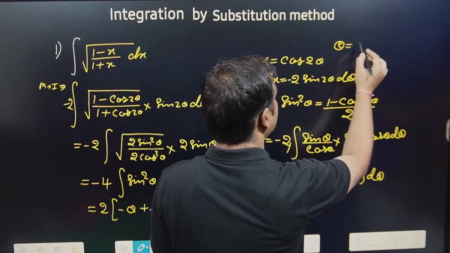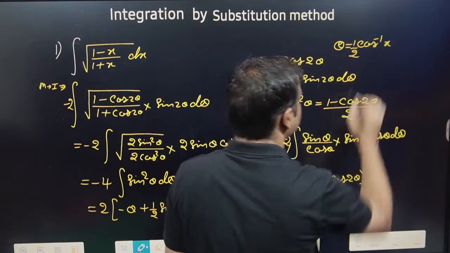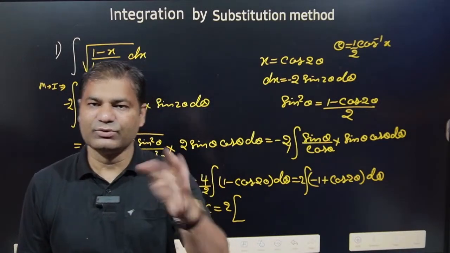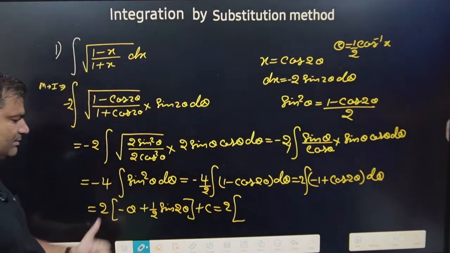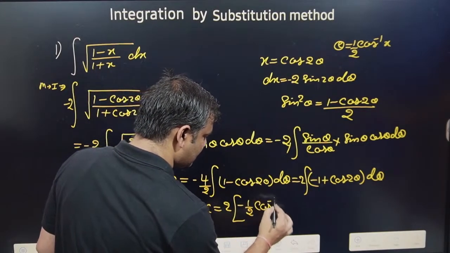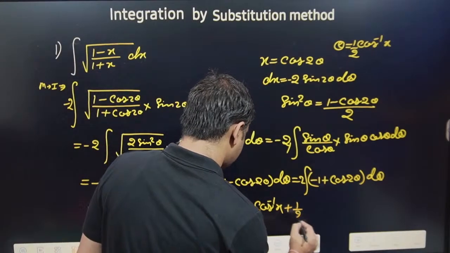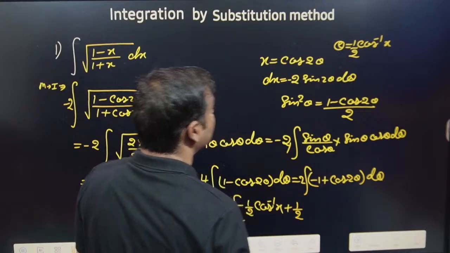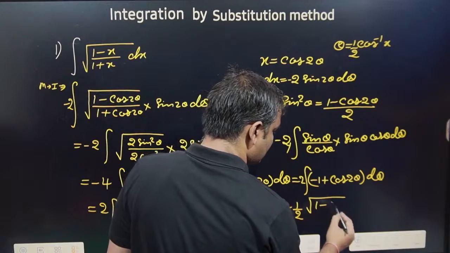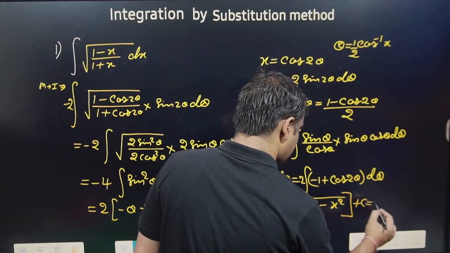Since cos 2 theta is equal to x, theta is 1 by 2 cos inverse x. So this one is written minus half of cos inverse x plus half into sin 2 theta. Sin 2 theta is equal to under root 1 minus cos square 2 theta, so under root 1 minus x square, plus c.